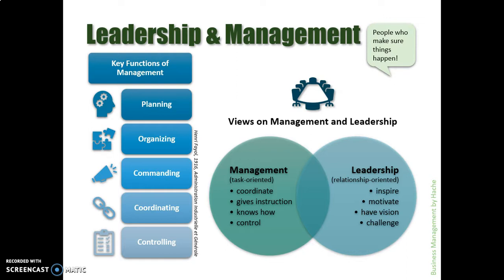So even though we can see these two concepts as separate concepts, an actual boss, an actual manager, an actual supervisor is pretty much a combination of the two. Because every single good boss in every single modern business organization, yes, is expected to have it clear in terms of management, in terms of coordination, planning, or organizing, commanding, and controlling. Yes, he has to know everything about the organization and everything about the tasks that are being done.